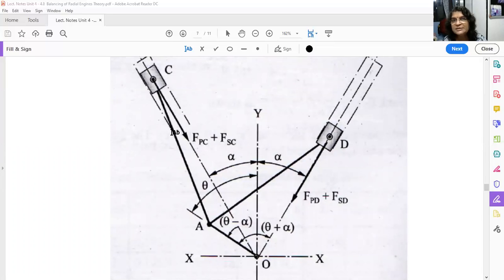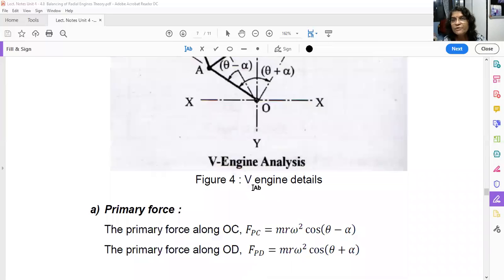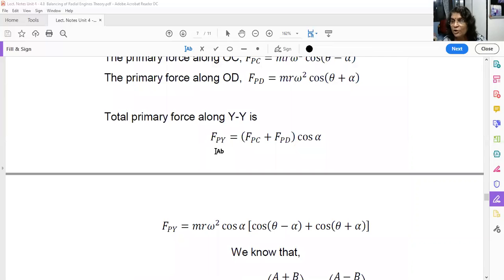This is FPC and this is FPD. So what is the vertical component along the YY axis? This angle is alpha. So along YY it is FPC cos alpha, and here also FPD cos alpha. So the total force along the YY axis is the addition, (FPC plus FPD) into cos alpha.